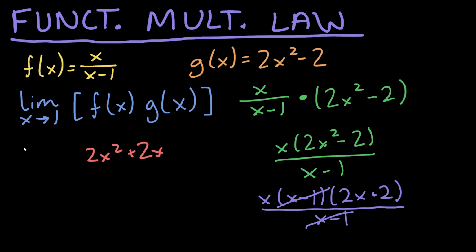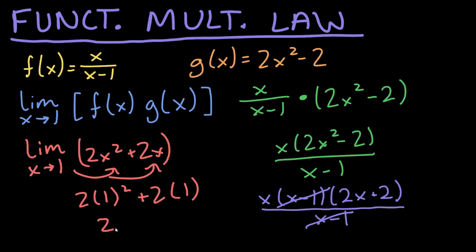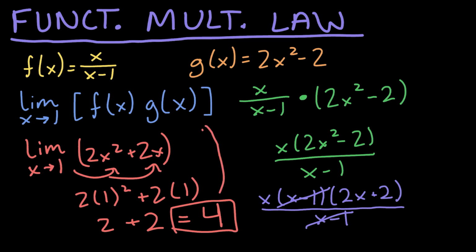Now that we have a denominator-free limit, it is totally acceptable to plug in x equals 1 for x. And by doing that, we get 2 plus 2, which equals 4. And so the limit as x approaches 1 of our function f of x times the function g of x equals 4. And today we'll end off with the final law.